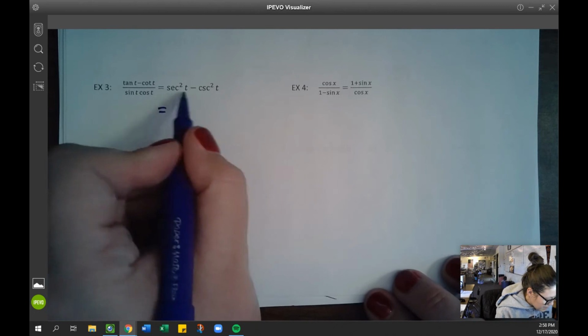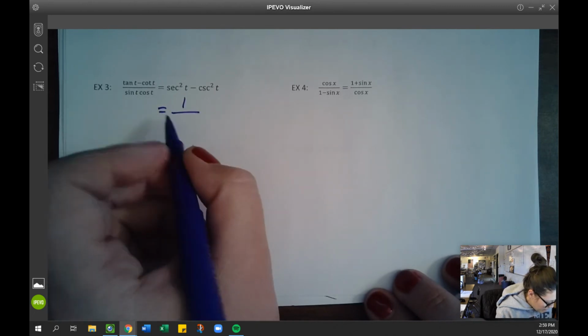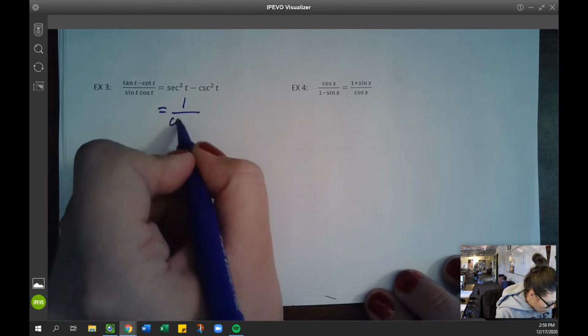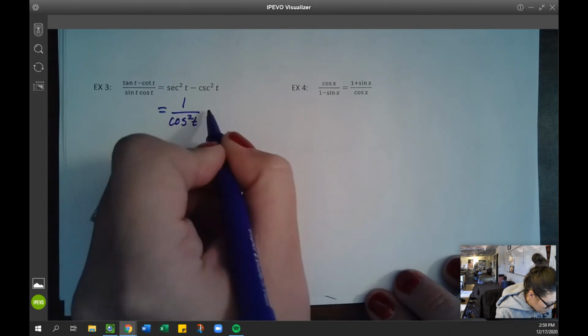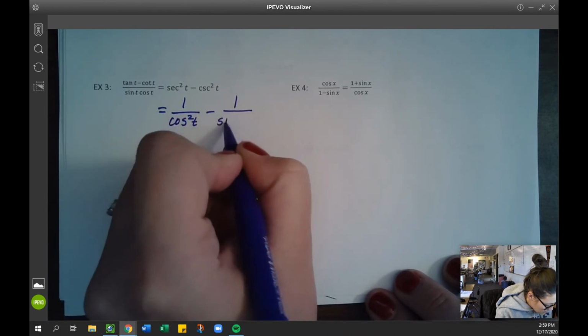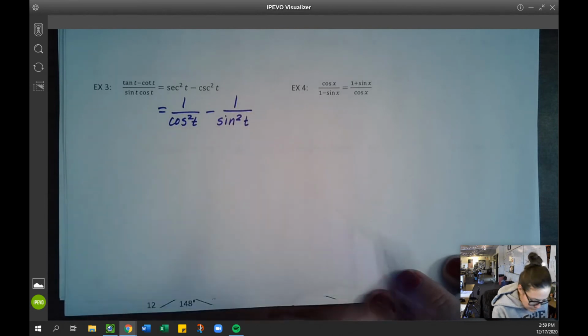So secant squared is the same thing as 1 over cosine squared. Cosecant is 1 over sine squared.